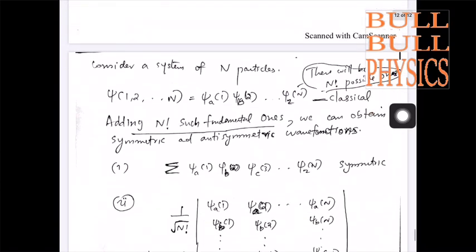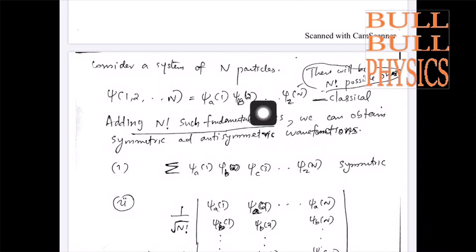Now, instead of two particles, we are considering a system of N particles, capital N particles. Classically, you write the wave function psi of 1, 2, ..., N as the product psi a1 psi b2 ... psi z of N, and there will be N factorial fundamental ones obtained by interchanging the particles.